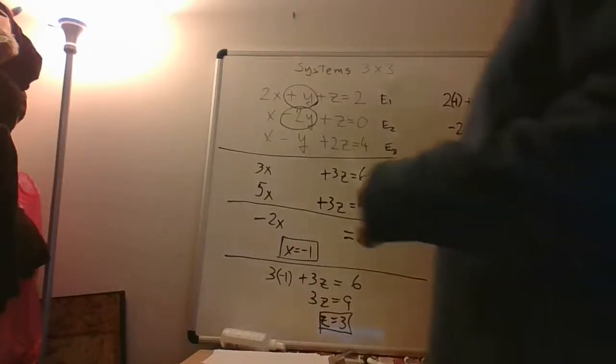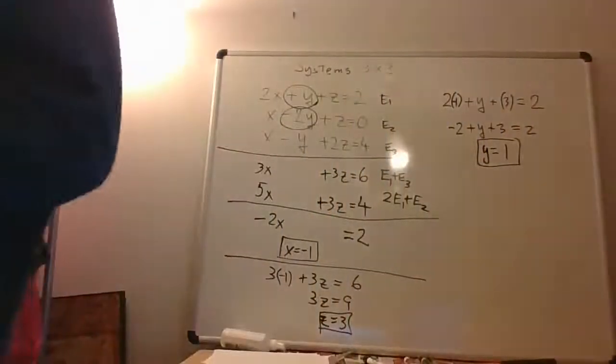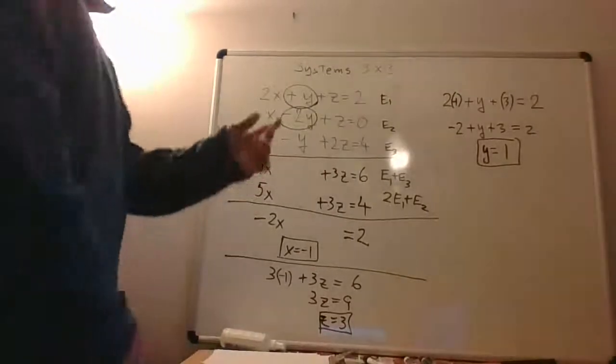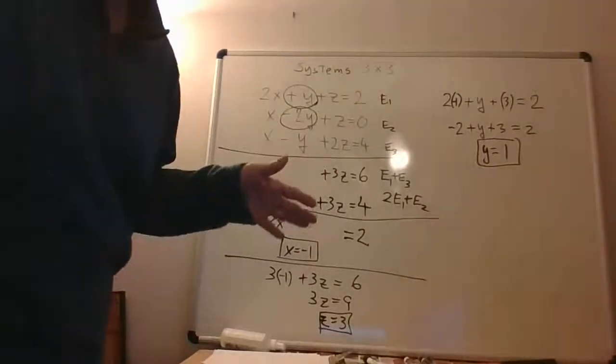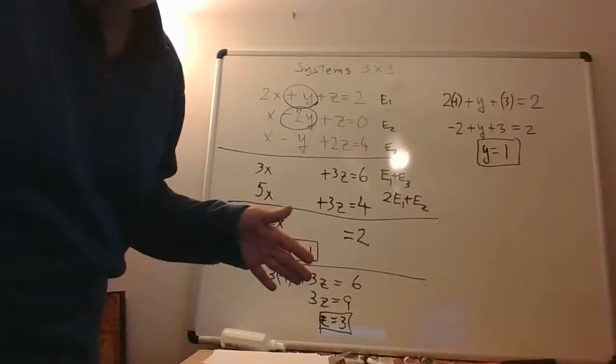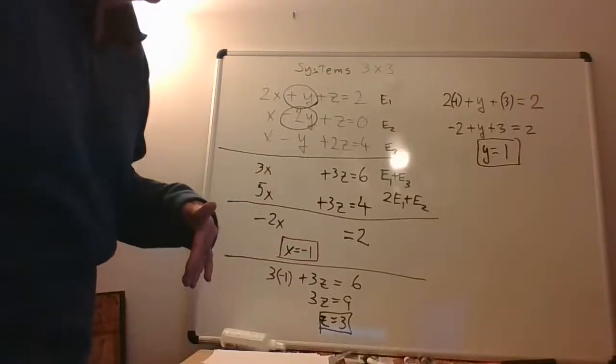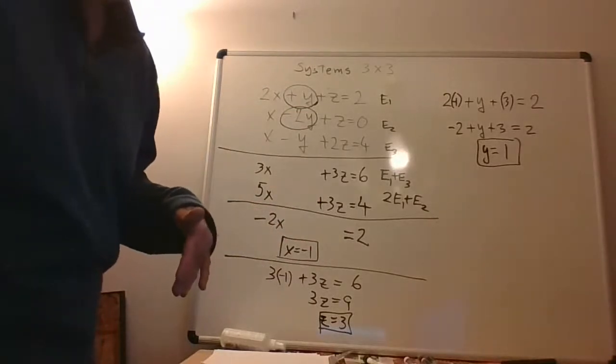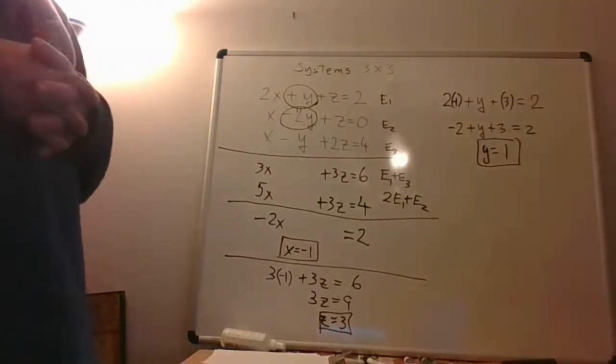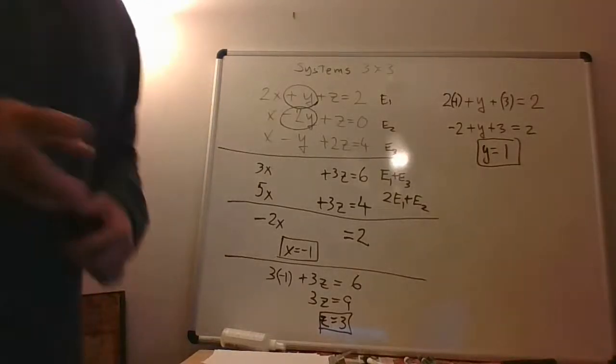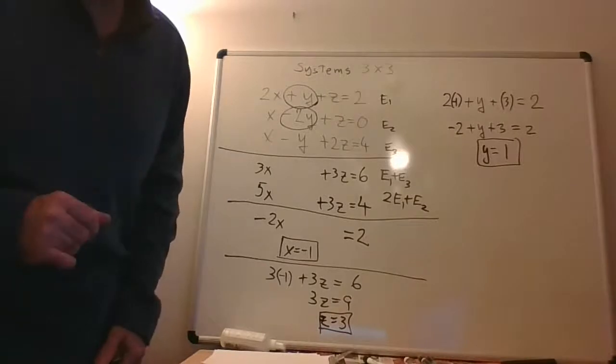You're done. So you now have x, y, and z. Now, I am not going to be checking this, but you will. I'm quite sure that I have a solution here, but in a test situation, you cannot say that.